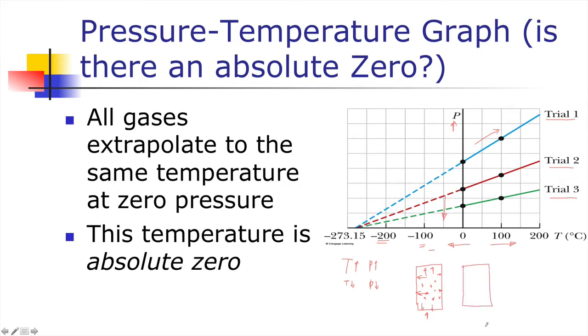But as you decrease the temperature, the motion of those molecules will reduce, and as a result, if you keep on reducing the temperature, you'll reach a level where those molecules are no longer exerting any kind of pressure on the container. That means they pretty much become inactive, let's put it that way.